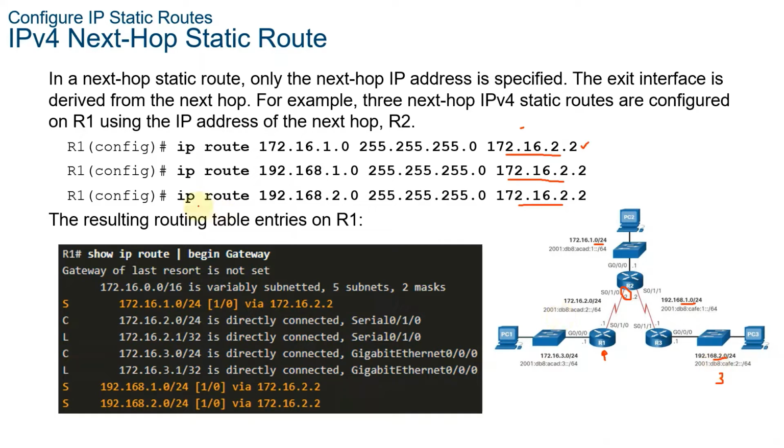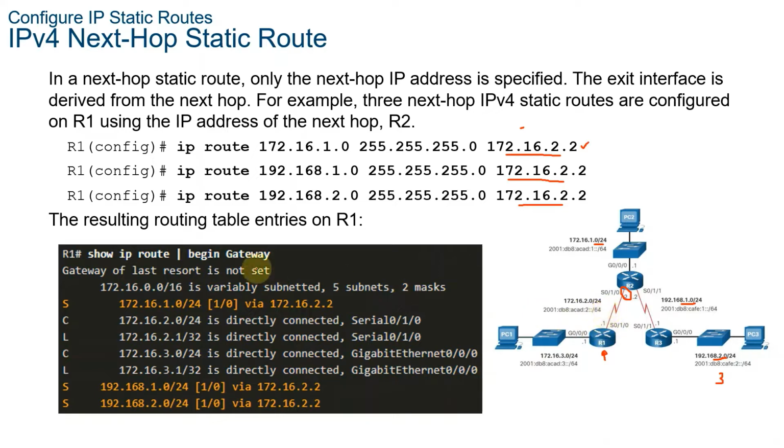Defining it on R1, that would be ip route 192.168.2.0 255.255.255.0 via the next hop IP address, which is 172.16.2.2.